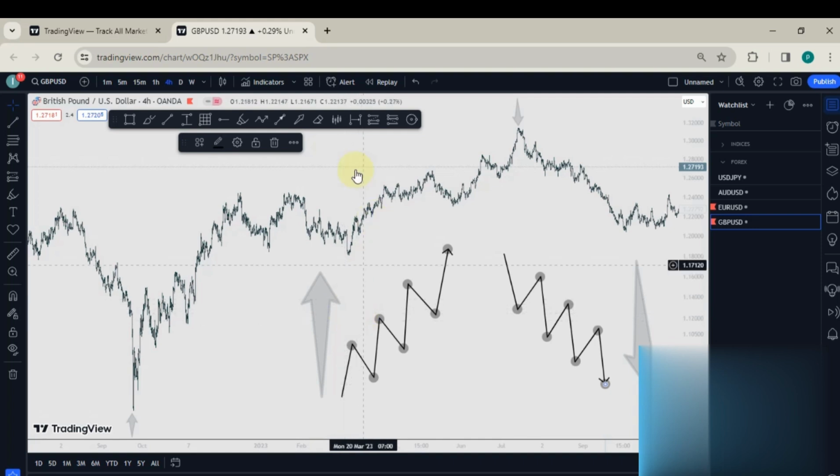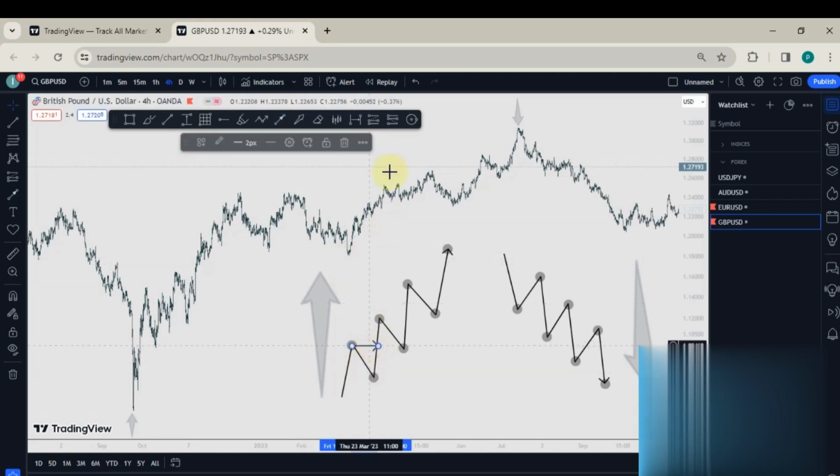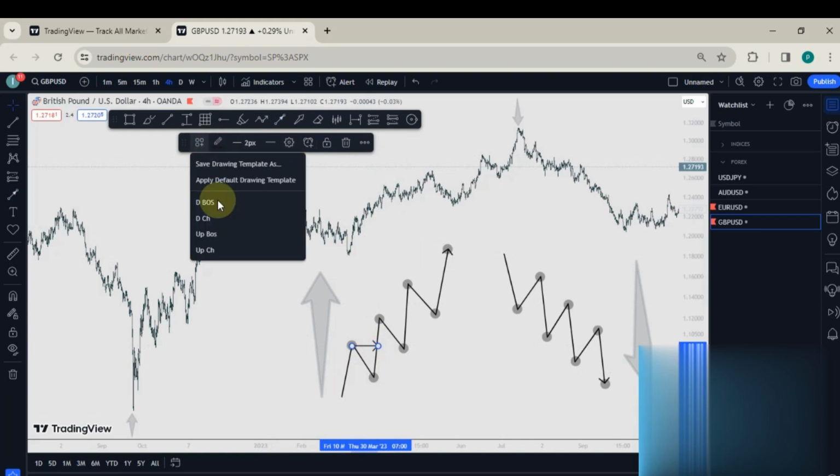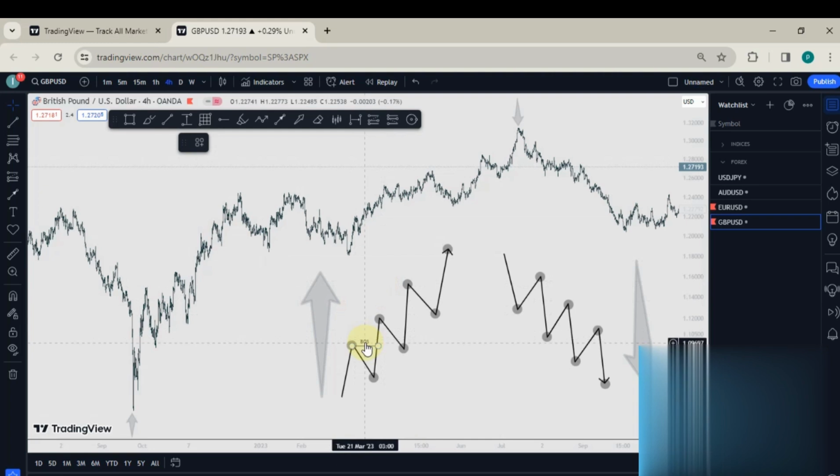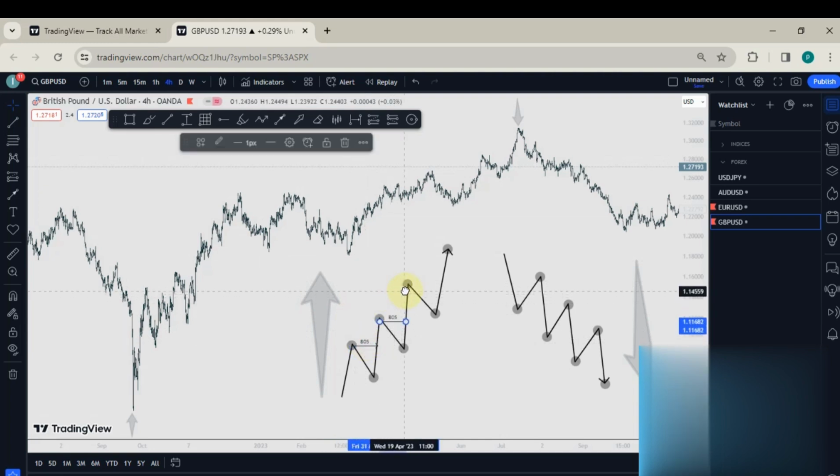In this case, I'm gonna draw that. Remember, on the previous video, part 1, what I said is that once a higher high is broken by a lower low, it is what? A break of structure. Same thing here.